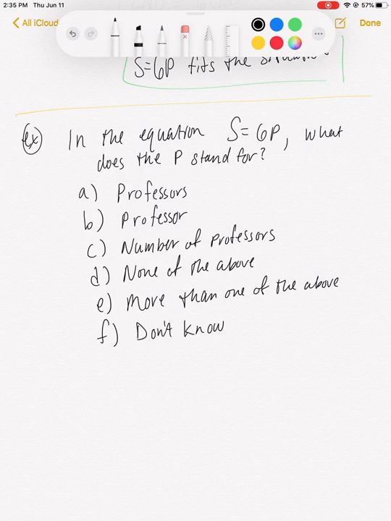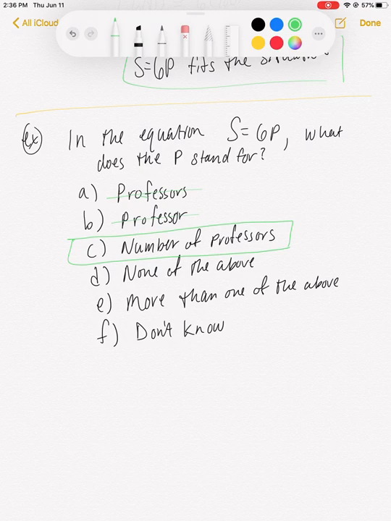Okay, now that you've thought about that for a little bit, remember we want to have our variables stand for quantities and not objects. So quantity is a number of objects, yes. And so the correct answer is C, number of professors. We don't want the variable to stand for an object.